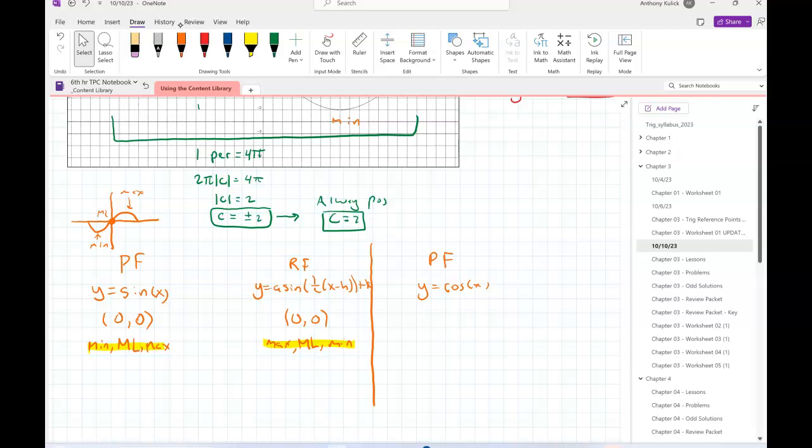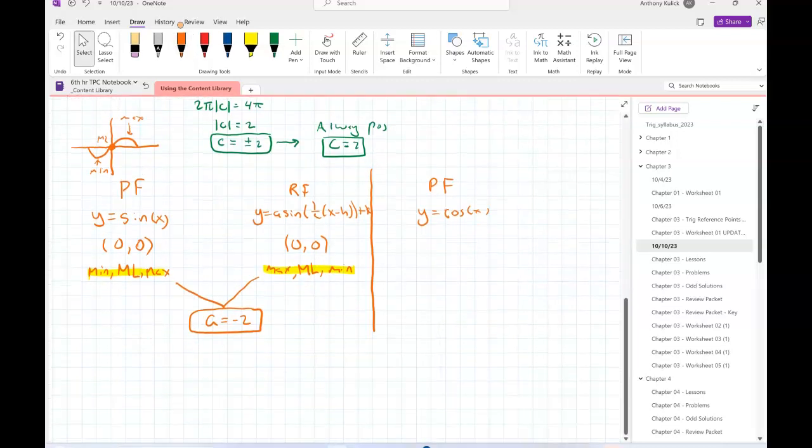The parent function was minimum, midline, max. The point I've chosen from my resultant function, max, midline, min, those are opposite, right? So I figured out my value for A now. So I have A, I have C, I have K. I know in this case I'm writing a sine function. There's one more thing we need to figure out, and that's H, right?